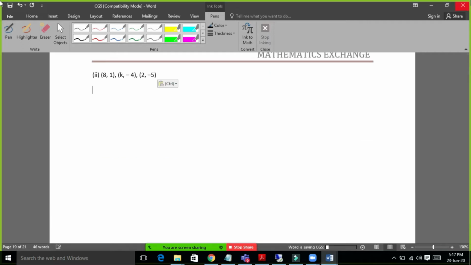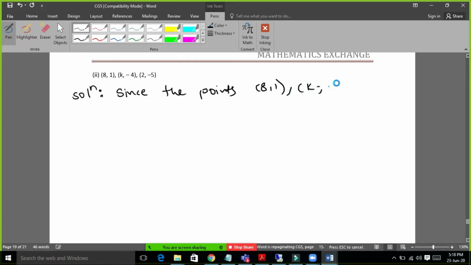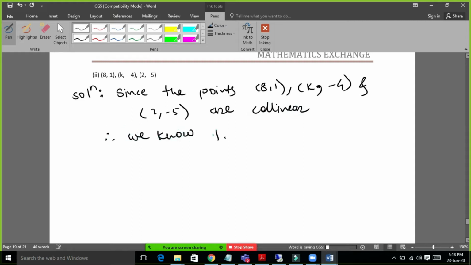So question 2, sub question 2, has the coordinates (8, 1), (k, -4) and (2, -5). Similarly, we have to go as we solved in 1. Since the points (8, 1), (k, -4) and (2, -5) are collinear, therefore we know the condition of collinearity.